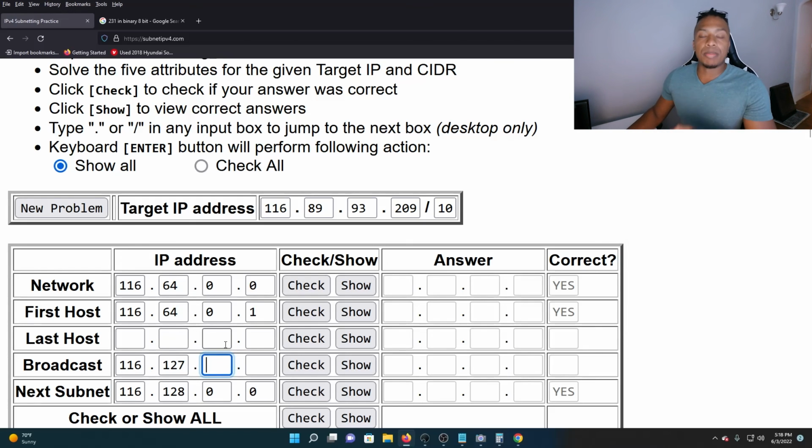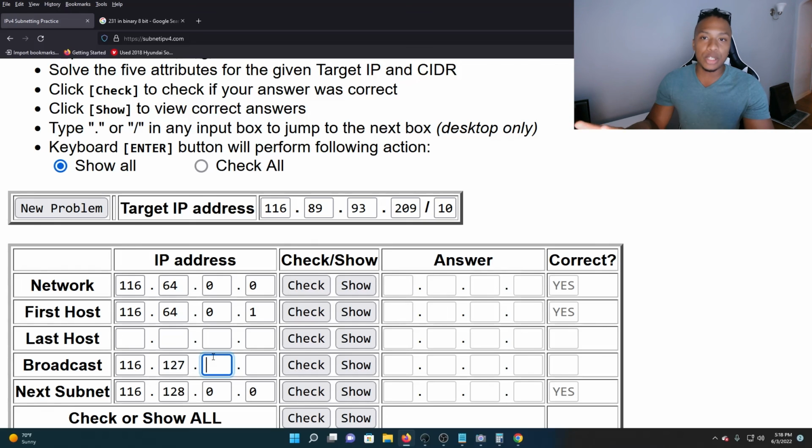You also have to remember, I kind of forgot to mention this, that we're finding all these numbers, we're finding the network with the magic numbers and all that other stuff, but the last number we can use ever is 255.